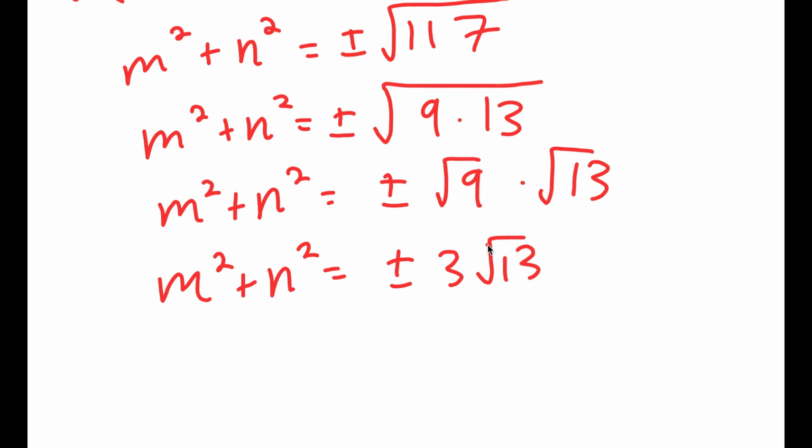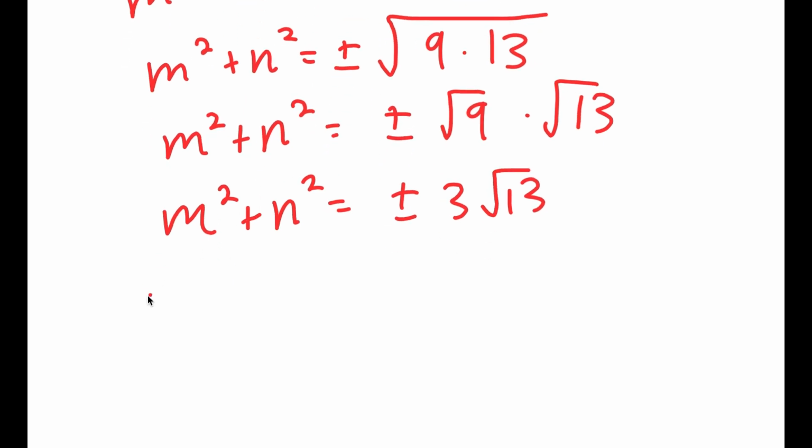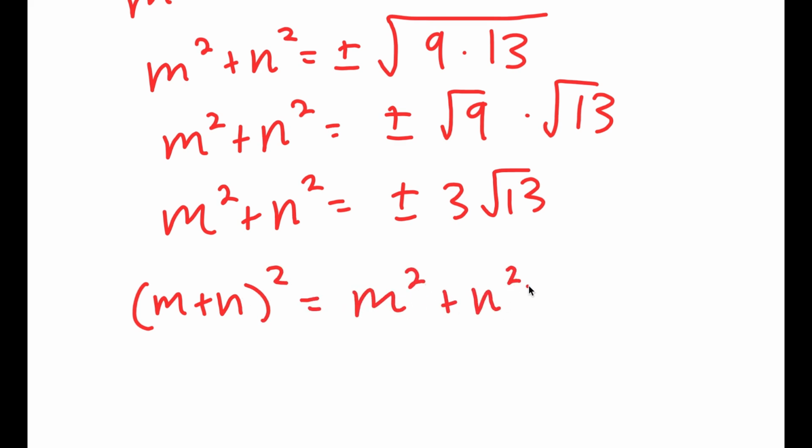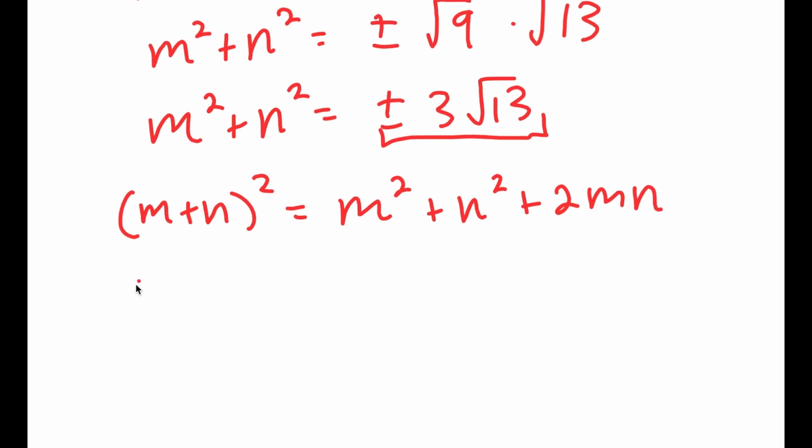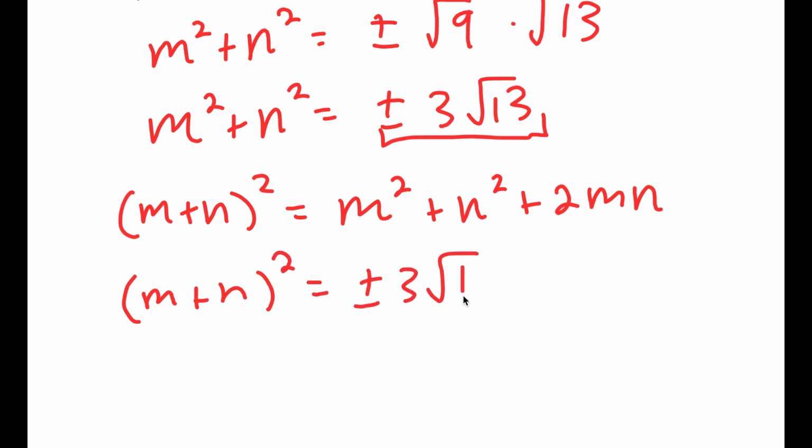So (m plus n) squared, this is equal to m squared plus n squared plus 2mn. And if I plug in positive or negative 3 root 13, I get (m plus n) squared is equal to positive or negative 3 root 13 plus 2mn.